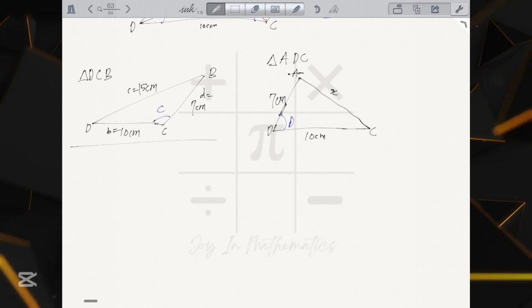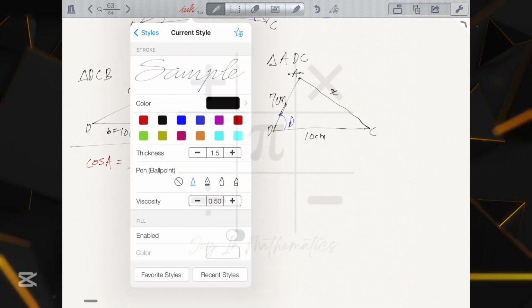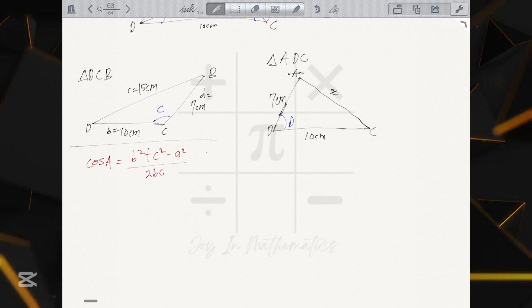So we recall from the trig identities that cos A is equal to B squared plus C squared minus A squared divided by 2BC. Similarly, when we have lengths B, C, and D, and we are looking for cosine C, we start with the other letters, that's B squared plus D squared minus C squared divided by 2BD.